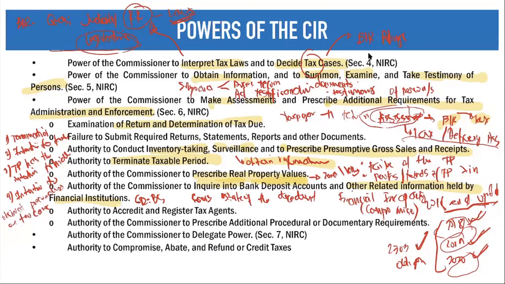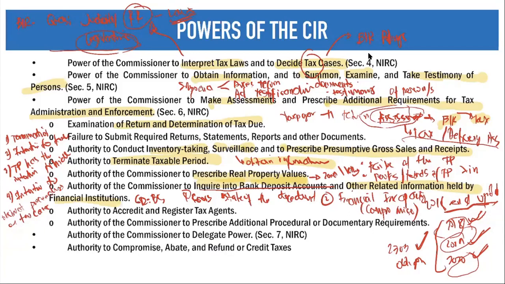However, one of the exceptions here is the authority of the Commissioner to inquire into bank deposits. If they can inquire into bank deposits, the bank cannot be secretive as to the information needed by the CIR. And what is the information needed by the CIR? First is to determine the proper gross estate of the decedent for any cash in bank. The second is for compromise, in case the reason for compromise is your financial incapacity.